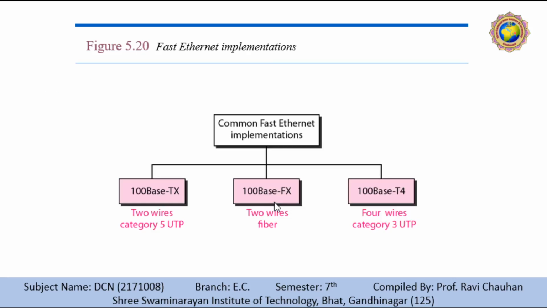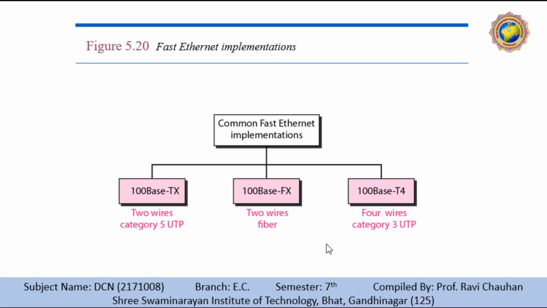Implementation. The Fast Ethernet implementation at the physical layer can be categorized as either two-wire or four-wire. The two-wire implementation can be either category 5 UTP, called 100Base-TX, or fiber optic cable, 100Base-FX, as you can see over here.